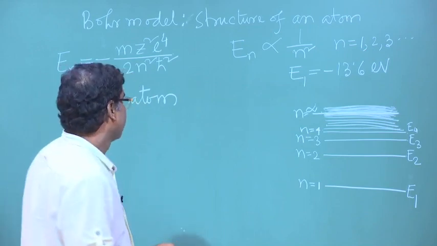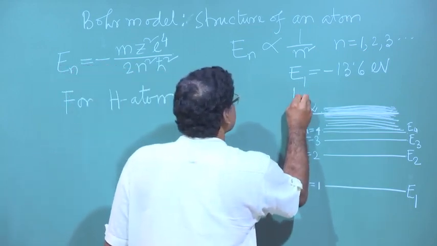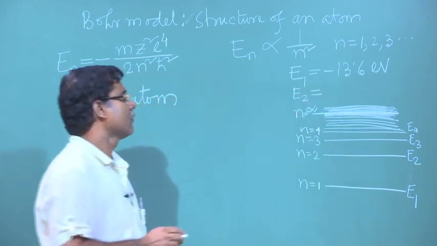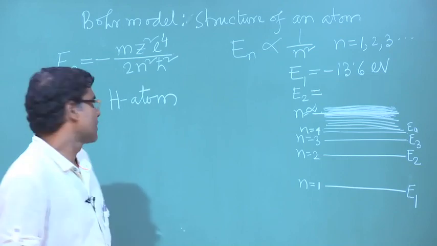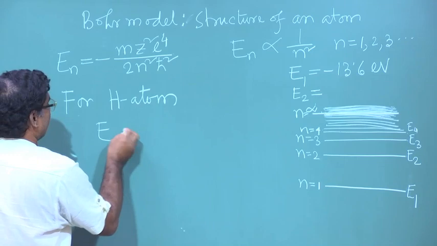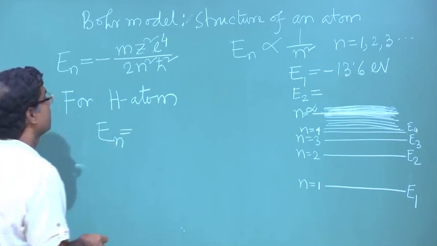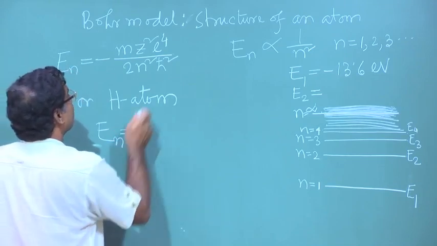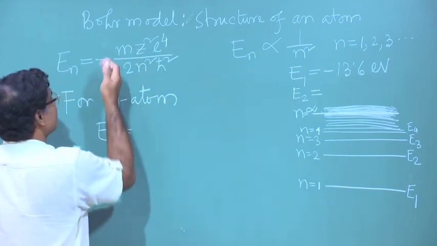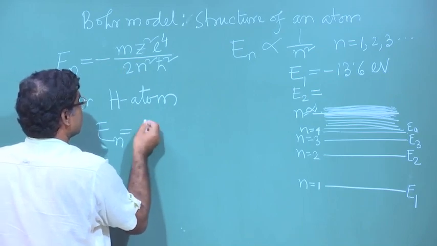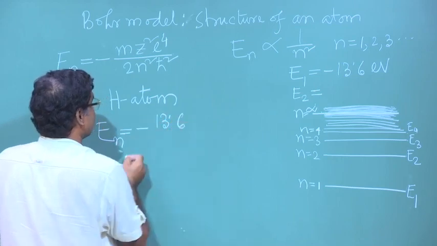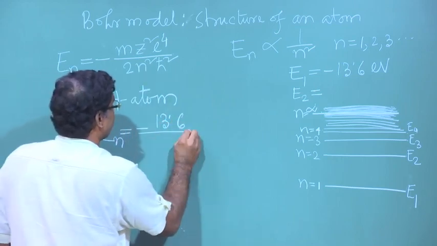Then what will be E2? From here itself you can tell. For n equal to 1, the value is minus 13.6 divided by n square.